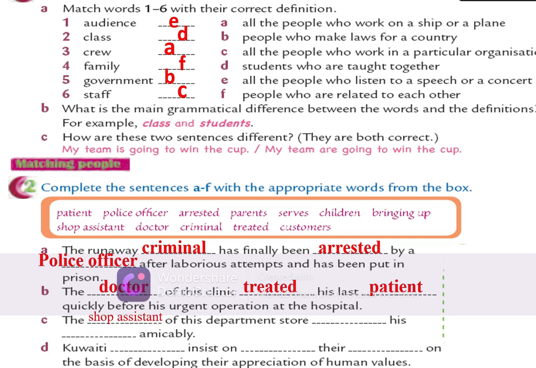The shop assistant of this department store serves his customers amicably. Kuwaiti parents insist on bringing up their children on the basis of developing their appreciation for human values.